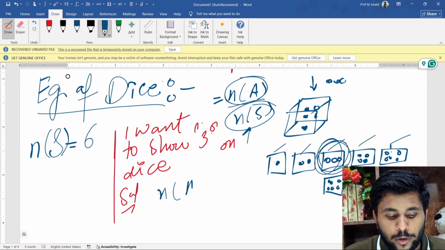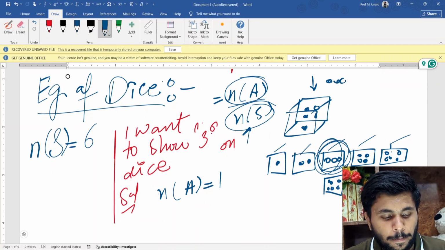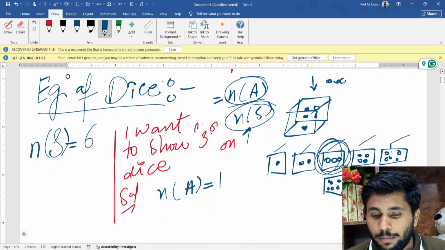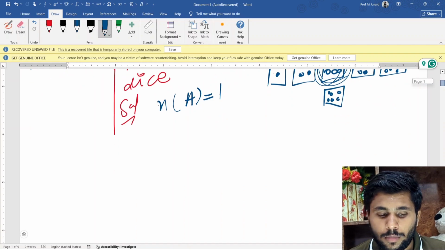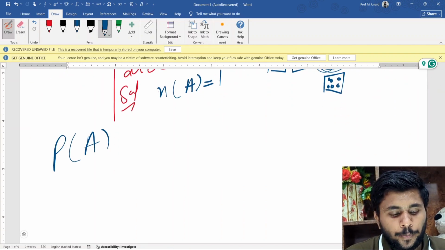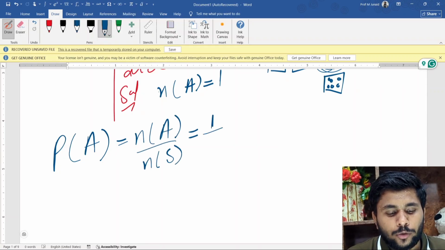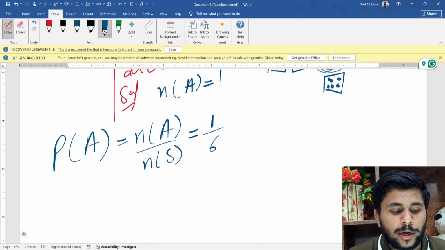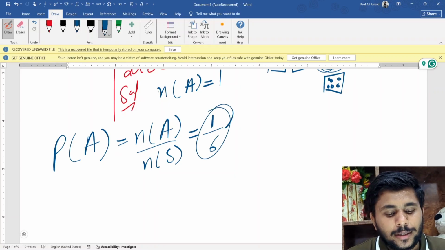So N of A equals 1. So what is the probability right now? P of A equals N of A upon N of S. N of A equals 1 and N of S equals 6. So the probability of 3 on a dice is equal to 1 by 6.